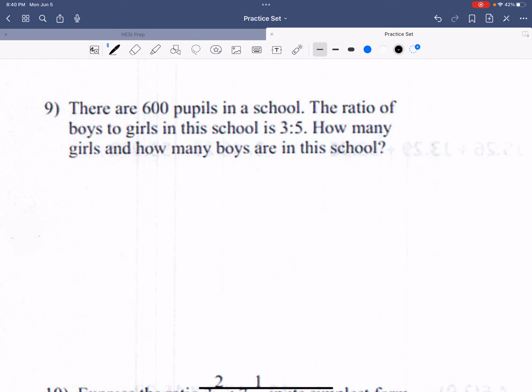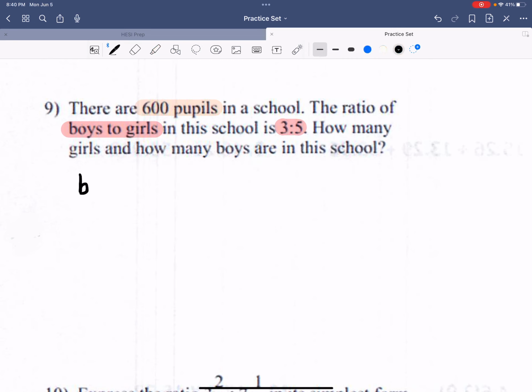So let's start with what we know. We know that there are 600 pupils. We know that the ratio of boys to girls is 3 to 5. And that's what we need to know.